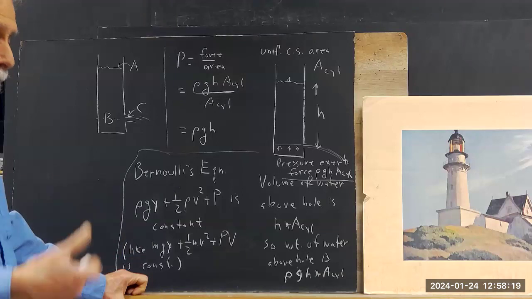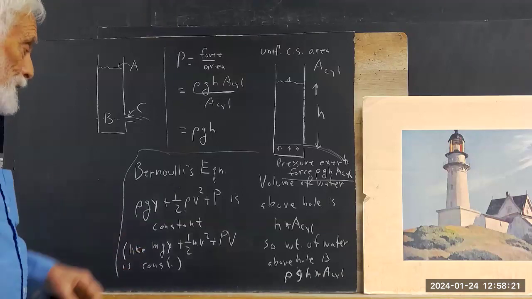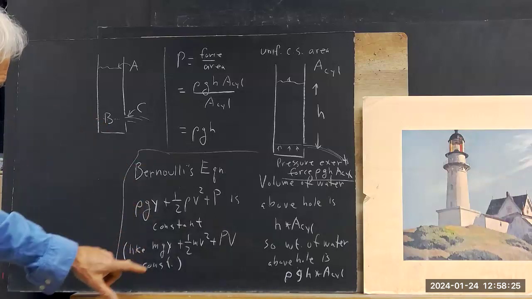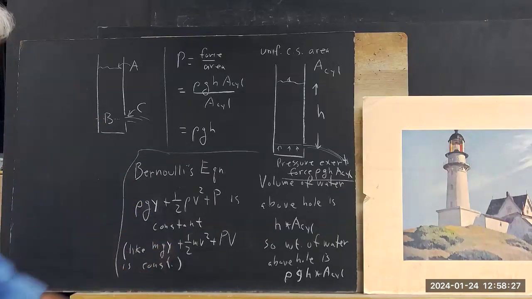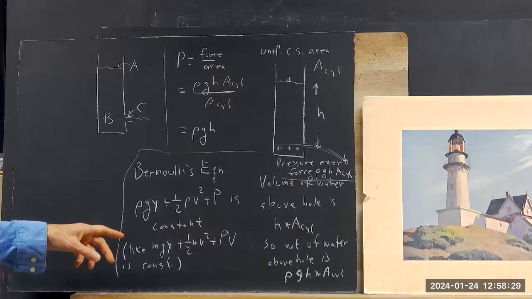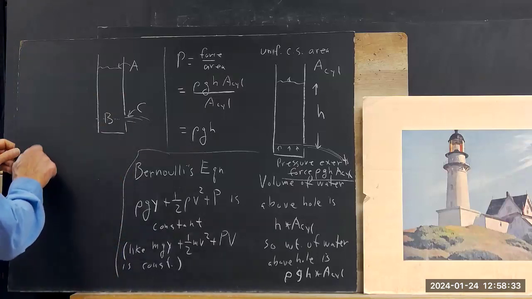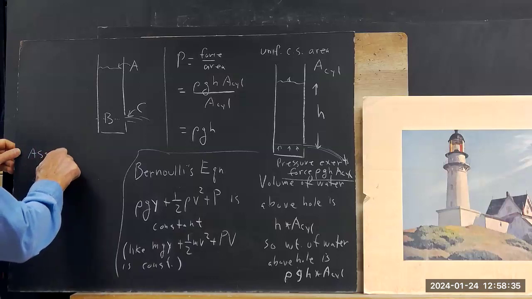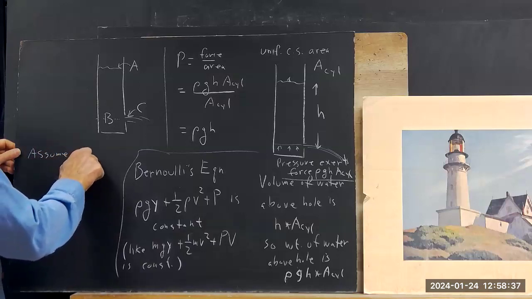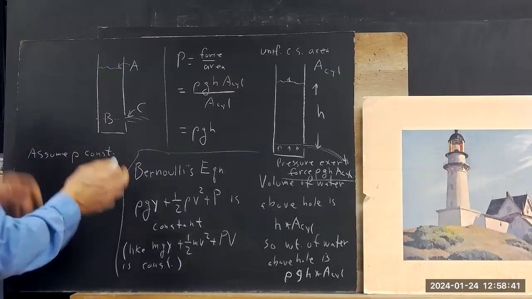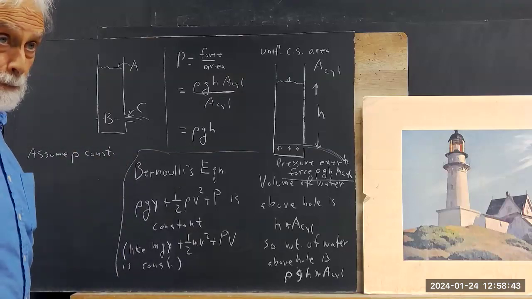If gravitational force is constant, yeah, you get mgh. If it isn't, you get something else. You've got to get it. Well, you know that. So I'm going to say your variables are, if we assume rho is constant, which means the fluid is incompressible.